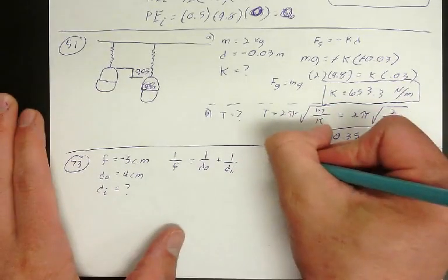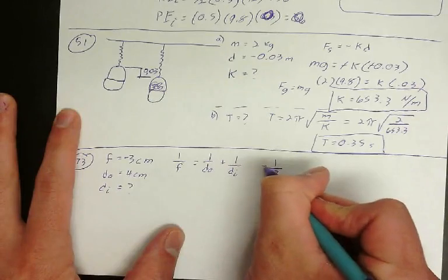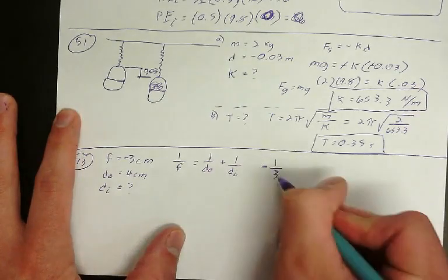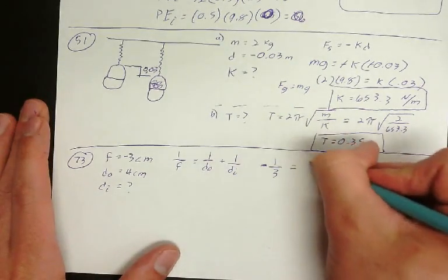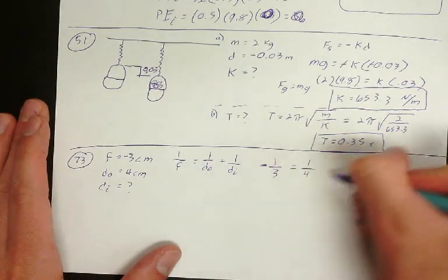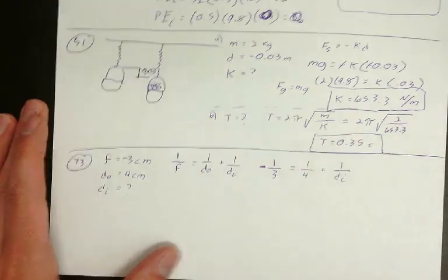So we got 1 over 3, and I make the front of that negative. I don't make the 3 in the denominator negative, I just make the whole thing negative, equals 1 over 4 plus 1 over DI.